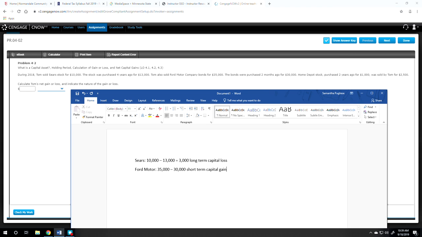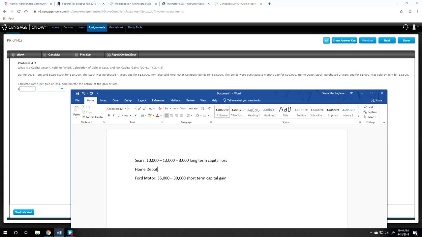Okay. Next we've got Home Depot. Home Depot stock purchased 2 years ago, which tells us long term, for $1,000, was sold by Tom for $2,500. So he made some good money on that one. Since that's long term, I'm going to stick it up here because I want it to be next to my other long-term item, since I know I'm going to have to net long-term stuff together and short-term stuff together.